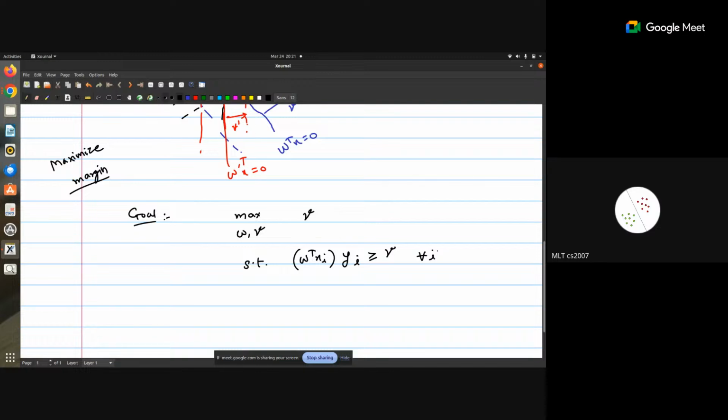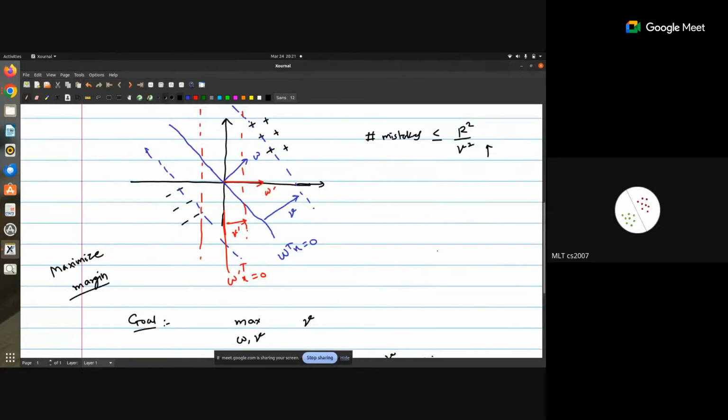If I have that maximum margin, then the W corresponding to it is the one. Let's say you have this W and this W prime. How will I select between these two? If I find the gamma which is the maximum one, the corresponding W will be the one, and that will be my optimal solution.